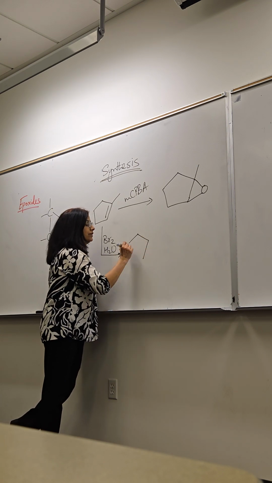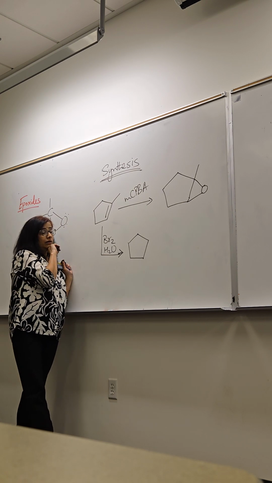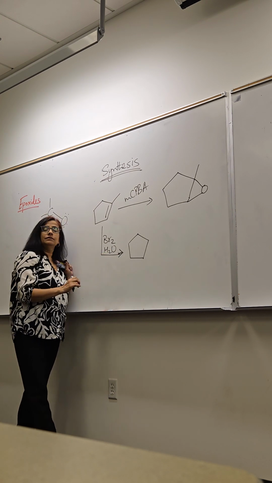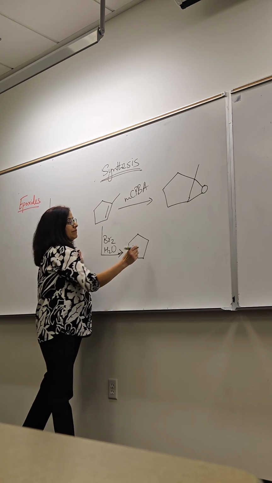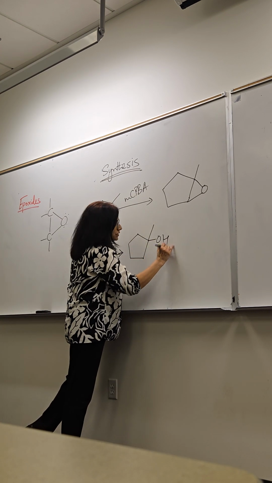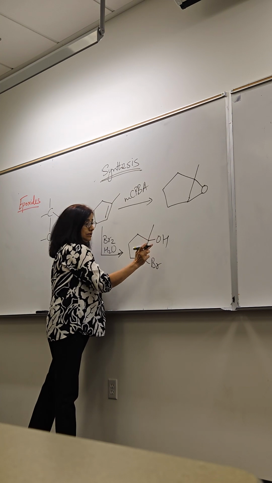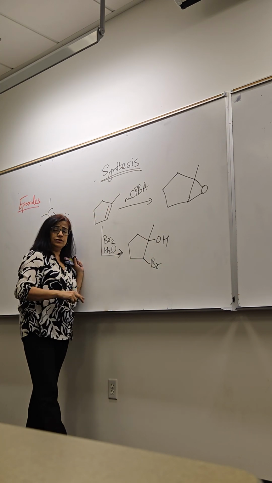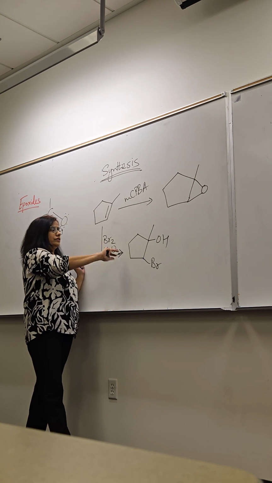Where will be the OH and where will be the Br? The nucleophile goes to the more substituted carbon once you get the halonium ion. So please, you have to know the mechanism for this one.